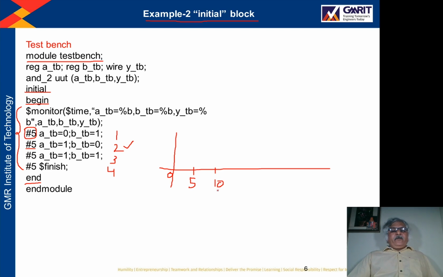So at 10 unit time it will assign the values given in statement 2 to A underscore TB and B underscore TB.